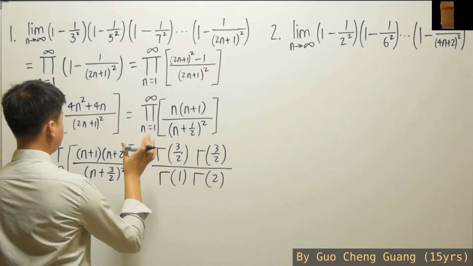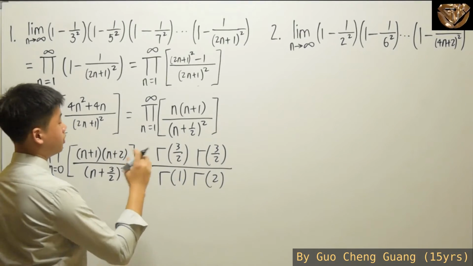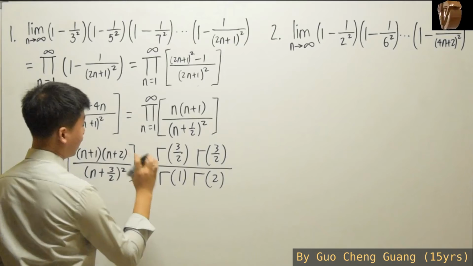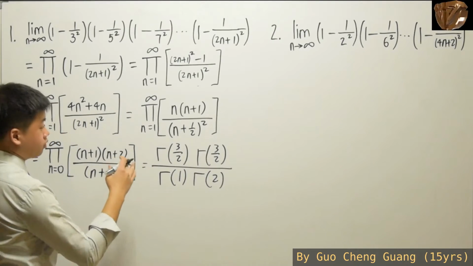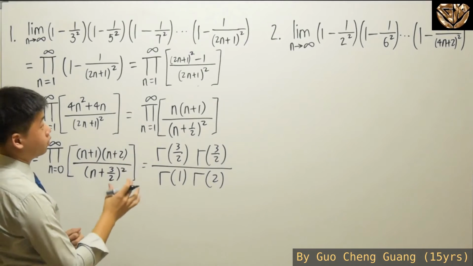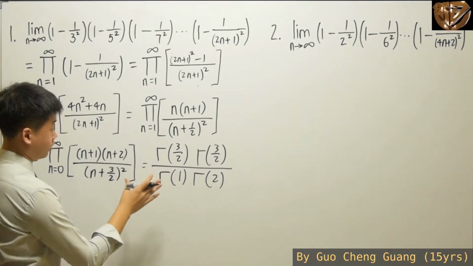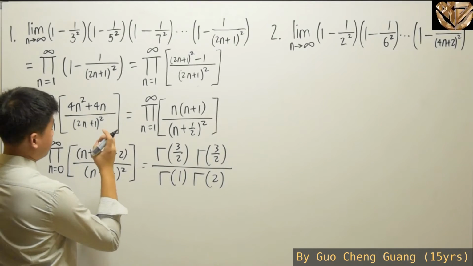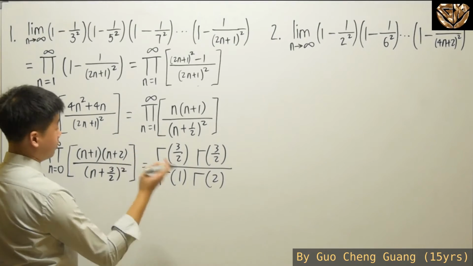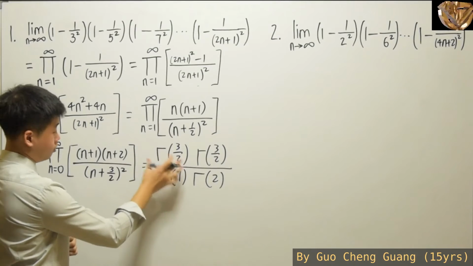In a previous few lessons, we also showed what gamma half is. And if you can recall earlier in the lesson, we also said a very important thing about the gamma function, where gamma n can be written as n minus 1 times gamma n minus 1. So in this case, we are going to use that.